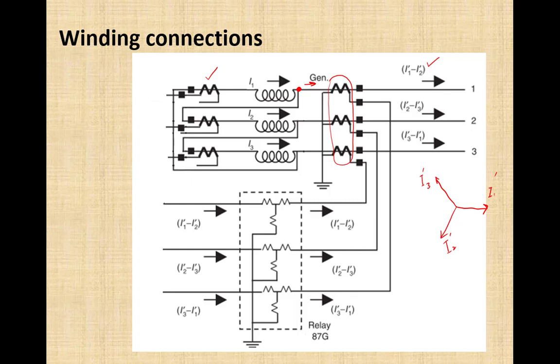Then this I1 prime minus I2 prime, this is minus I2 prime, and by adding these two with the help of the head to tail rule, this would be this current in solid form, I1 prime minus I2 prime. We can see this current has a magnitude root 3 times greater than the corresponding phase current and also leads the corresponding phase current by 30 degrees.